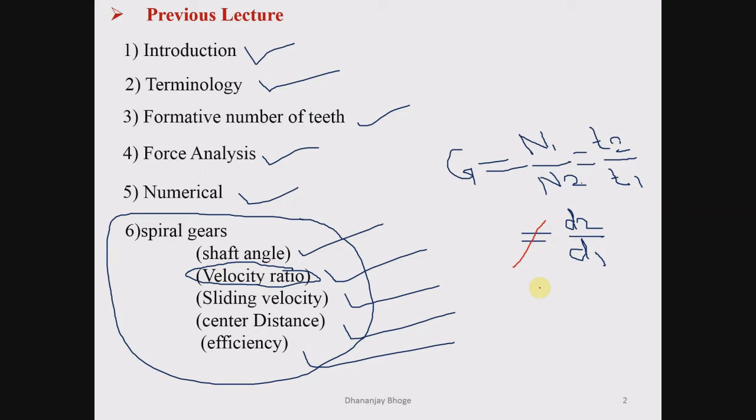The word pinion does not appear here. The reason is that a pinion is always smaller than the gear wheel, and the pinion is always considered the driving member. That does not happen in spiral gears. So we use driving gear and driven gear. Remember this. Okay, that is the equation for velocity ratio or gear ratio.